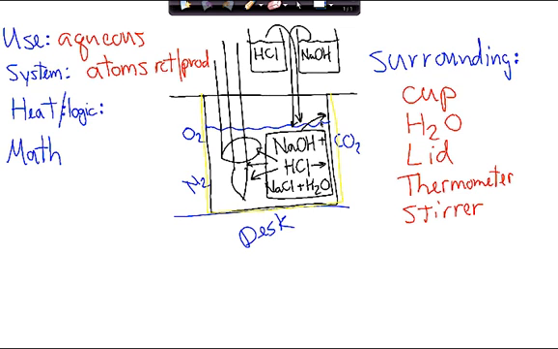Because the amount of energy that the glass thermometer, the metal stirrer, and then the insulative cup absorbs is very, very small. You're going to see in lab that we will actually quantify it when we calibrate our calorimeters. But guys, understand that most of the time in the class, they'll just simply say, assume that all of the energy was absorbed by the water. We can quantify the other, but typically we don't have to worry about it.